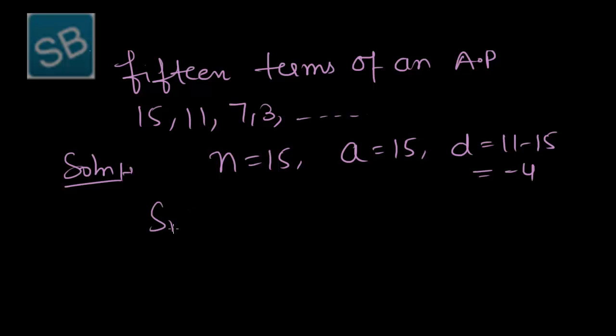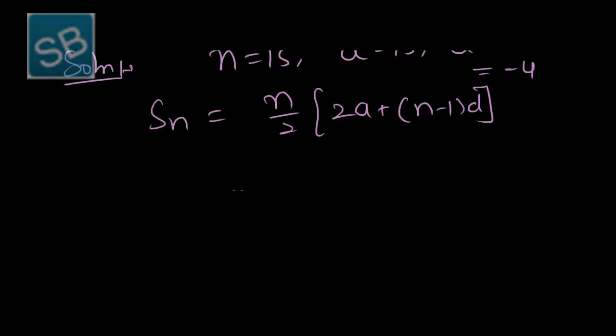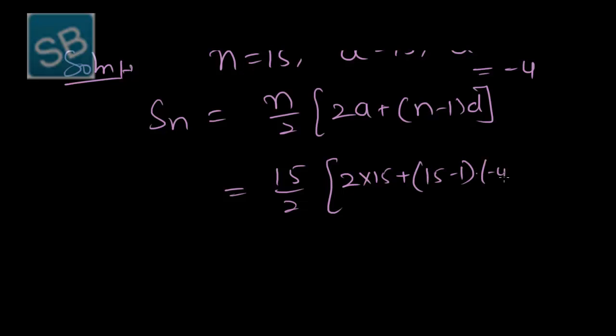So Sn is equal to n by 2, 2a plus n minus 1 d becomes 15 by 2, 2 into 15 plus 15 minus 1 into d, that is minus 4. So we get 15 by 2, 30, minus 14 into 4 is 56.